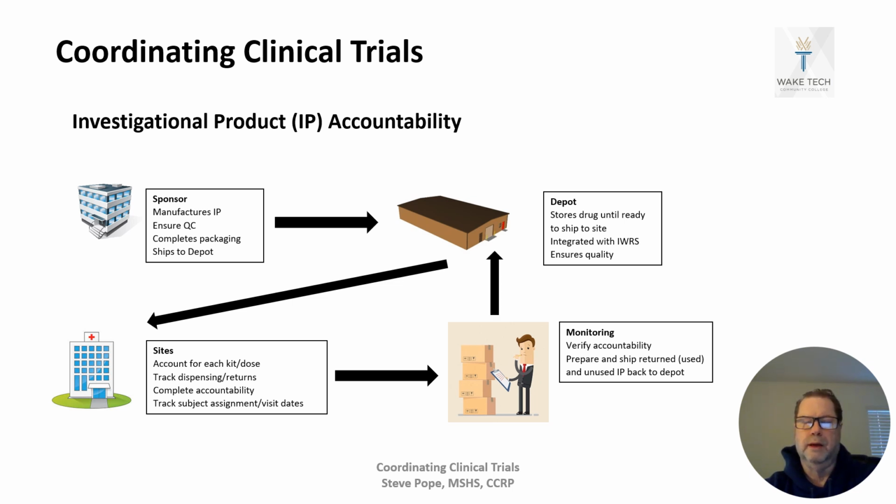So if you receive the IP and the temp tail indicates that there's been a temperature excursion, you're going to need to quarantine that shipment until the sponsor tells you that it's safe to use it or gives you other instructions to either destroy it or ship it back to them, based on the nature of that temperature excursion.